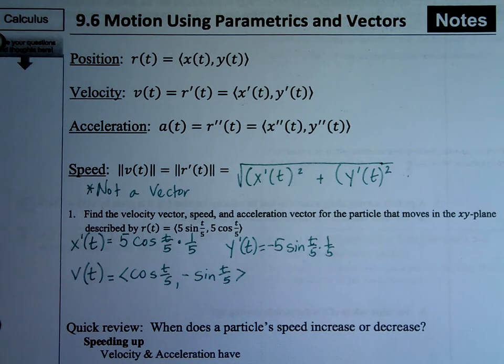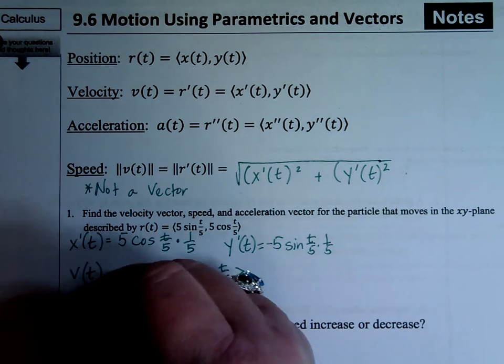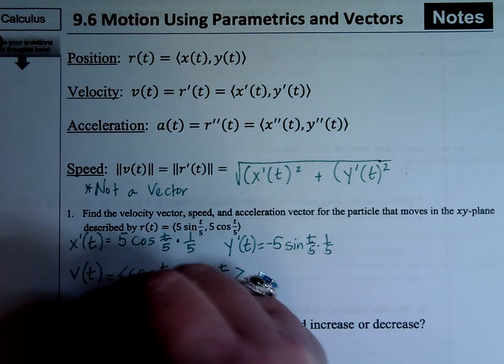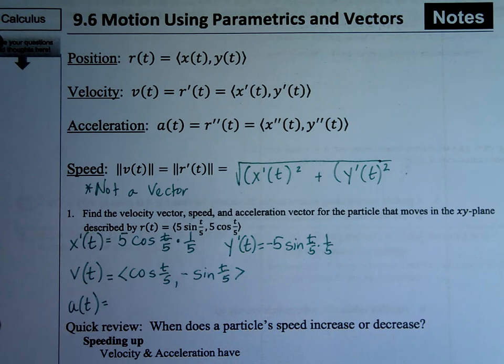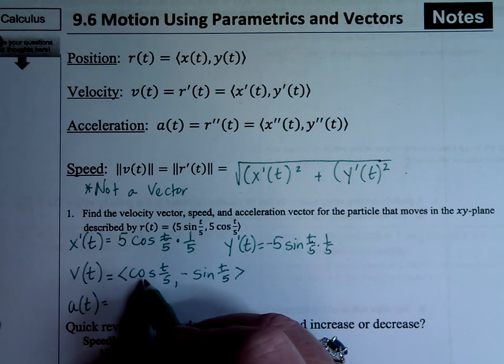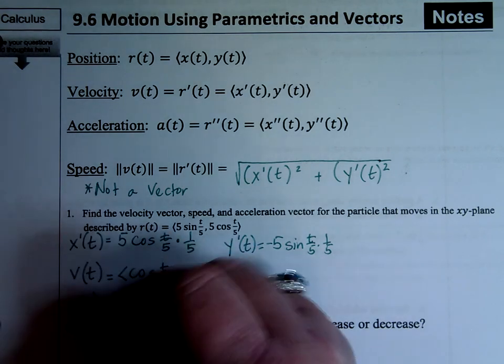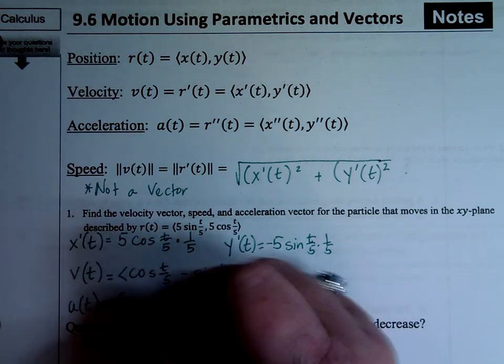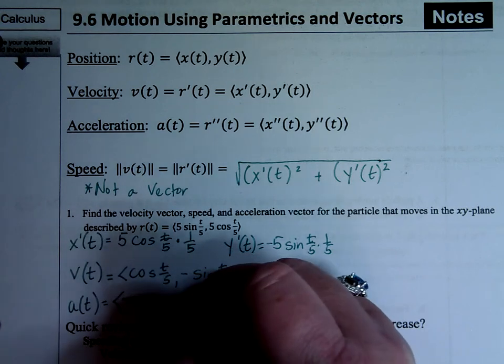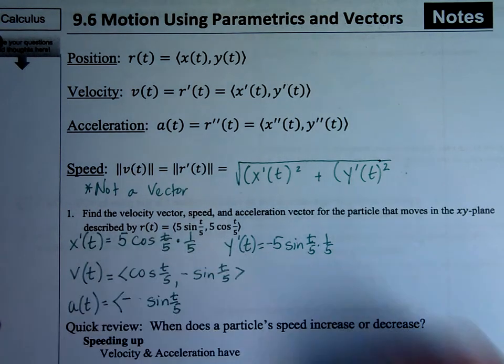If I go for the acceleration vector, I think I can fit that right under here. Same idea, I'm going to take the derivative of the x component from velocity and the derivative of the y component from velocity. Derivative of cosine is negative sine. I'm going to leave some space. Negative sine of t over 5 times the derivative of the angle, which is 1/5.